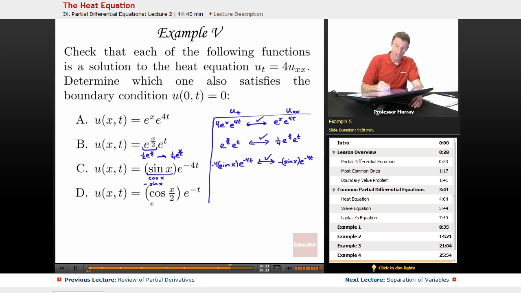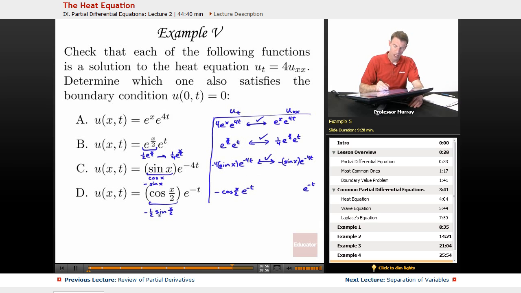Now let's look at u of x, t equal to cosine of x over 2 and e to the negative t. So our u sub t just has cosine of x over 2 coming down as a constant. E to the negative t, the derivative of that is negative e to the negative t. For u sub xx, the e to the negative t is going to come down as a constant. The derivative of cosine x over 2 is negative sine of x over 2. But then we have to multiply by 1/2 by the chain rule.